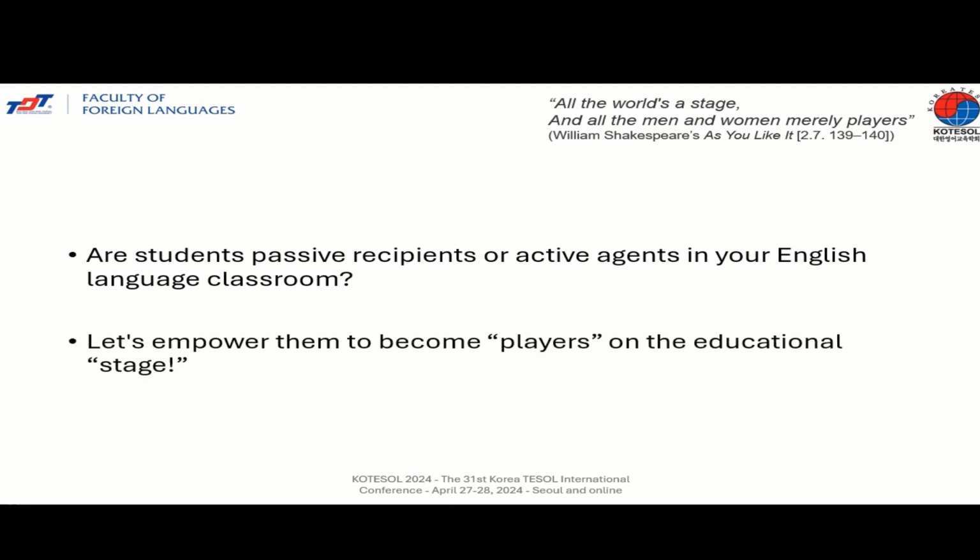So why don't we empower them by having them become the players on the educational stage? Let's encourage the students to actively engage in the learning process and give them a voice in shaping how learning is assessed and evaluated, because they are one of the key stakeholders in our institution anyway.